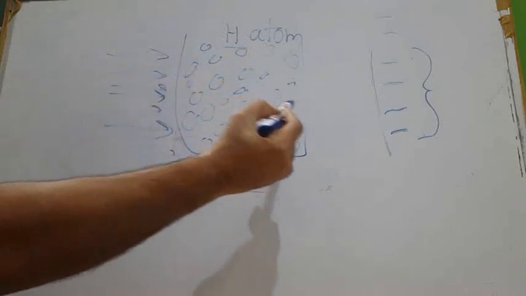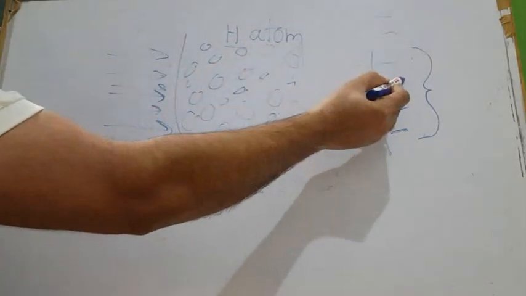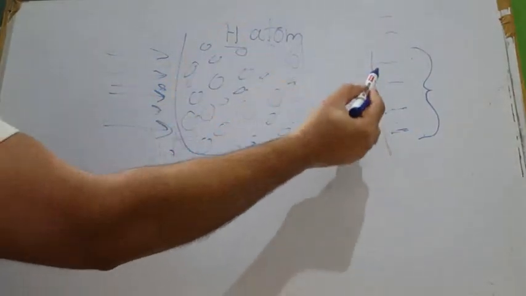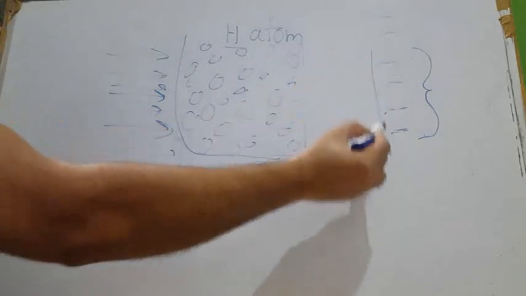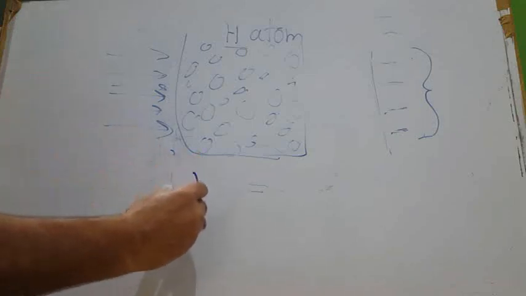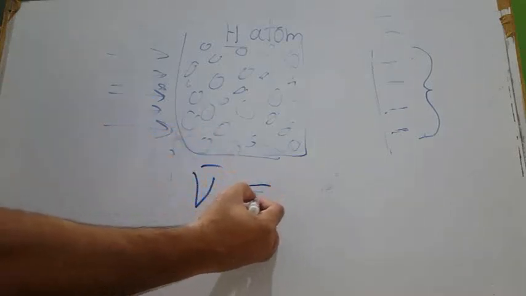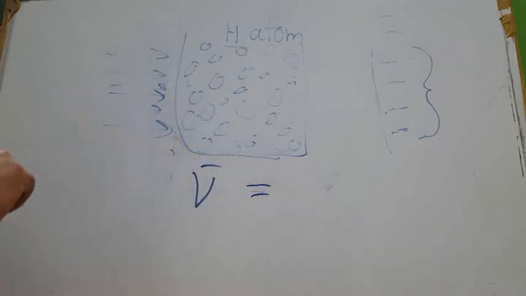Balmer studied this absorption or emission spectrum of the hydrogen atom in the visible region, and he could find a mathematical relation among these frequencies or the wave numbers. Wave number is denoted by nu bar. And what was the relation?